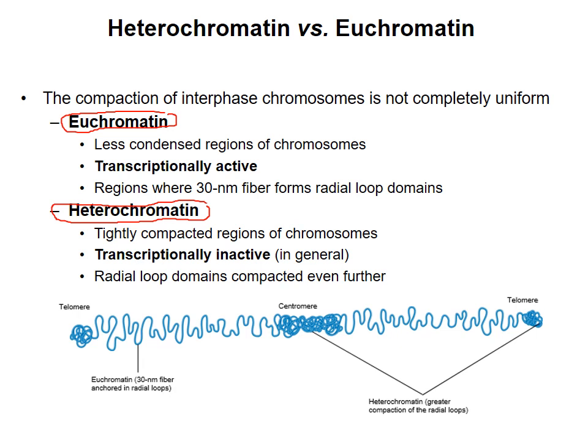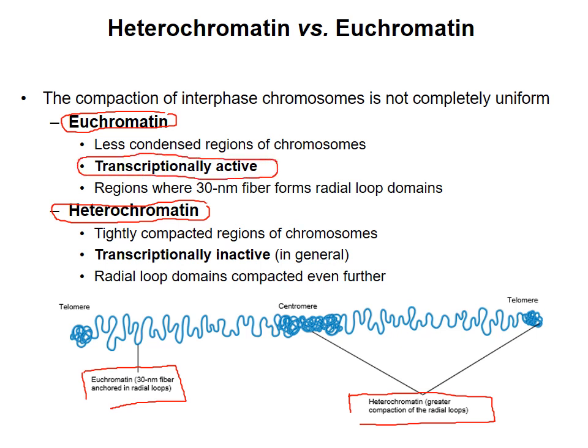It turns out, and you can see it in the illustration at the bottom right here, euchromatin is less condensed than heterochromatin. Both of them are utilizing the radial loops. However, the euchromatin tends to not be coiled up as tightly. This is usually correlated with areas that have lots of genes, so they're transcriptionally active, meaning you have easy access to the DNA sequences that need to be utilized.